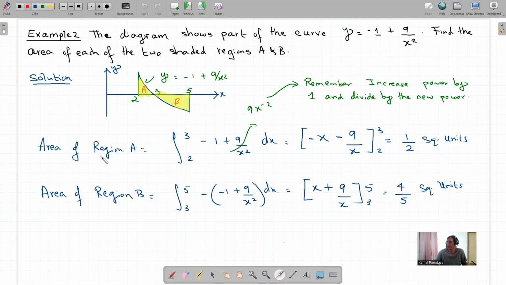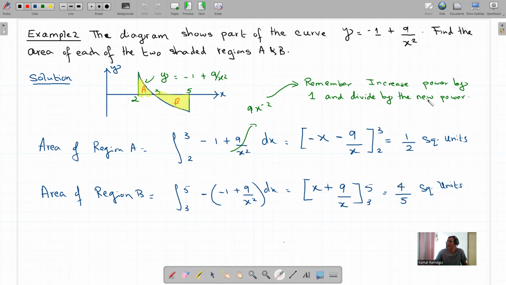Now we have to find the area of region A and the area of region B. Integration from 2 to 3 of minus 1 plus 9 over x squared dx. Remember to increase the power, because this is 9 times x to the power of minus 2.